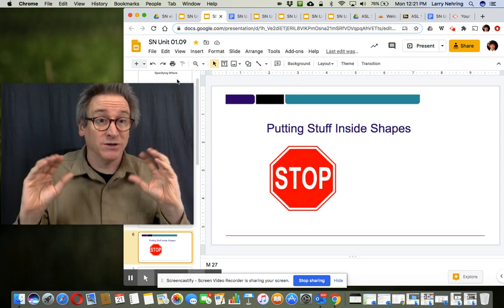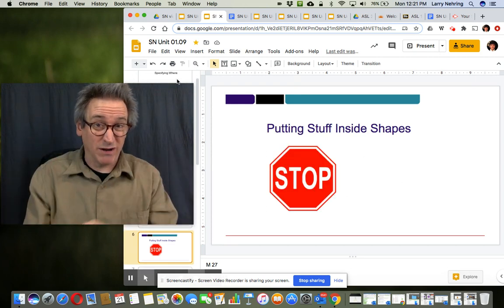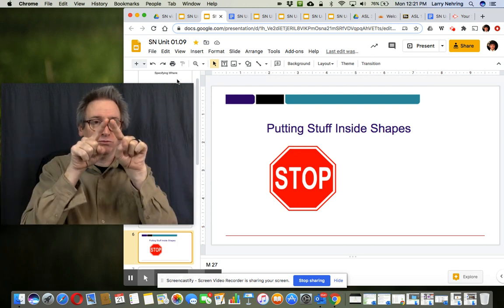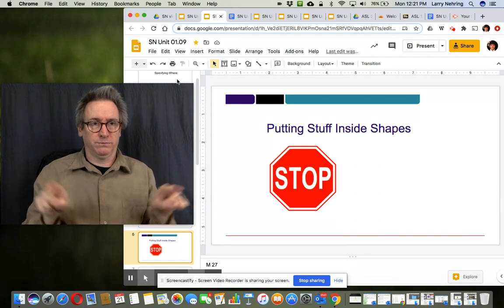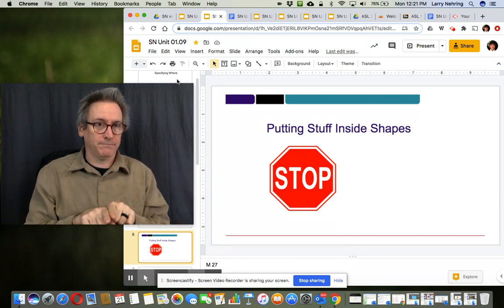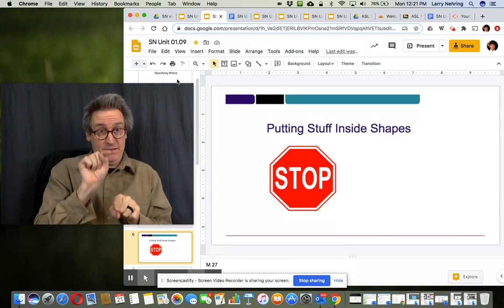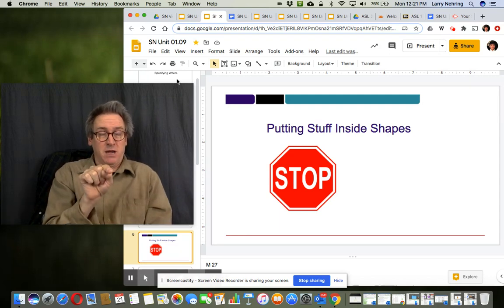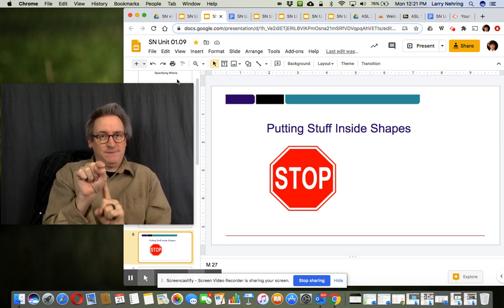Now, how do we put something in the middle of it or somewhere around it? Start with something simple like a stop sign. So first, draw the shape. And then in the middle is where we're going to go. Now, instinctually, we're going to use our right hand to point because we're going right there, right? But we're about to finger spell with this hand, S-T-O-P, right?